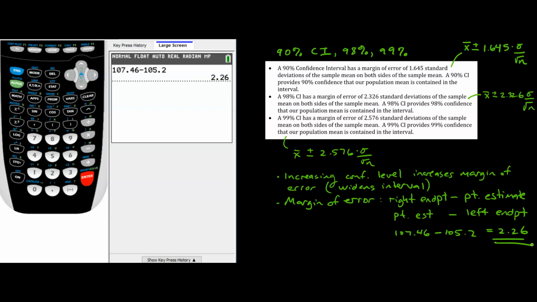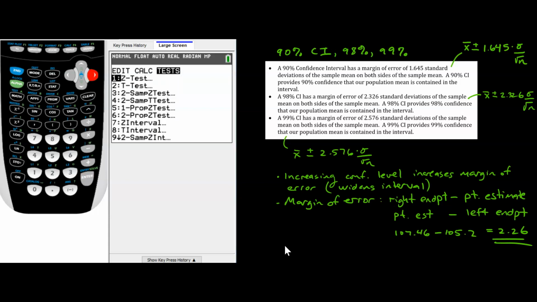I could even say things like, let's modify the sample size, and let's pretend in our example that the sample size was not 75 when we got a mean of 105.2 in the IQ problem. Let's pretend that we had a higher sample size. And so what is the impact on the confidence interval with an increased sample size?